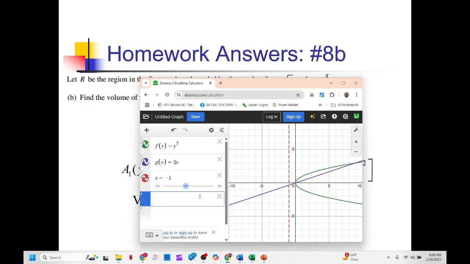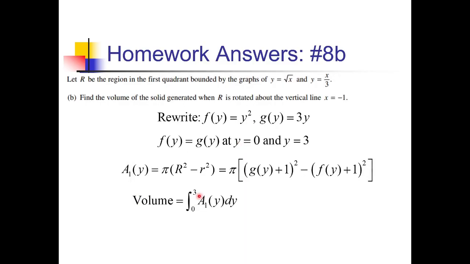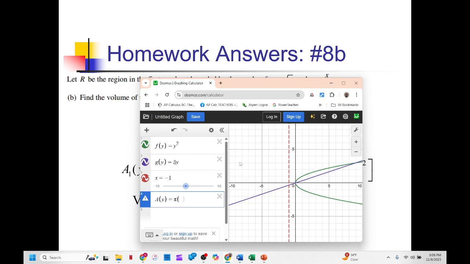So let me go back here, and we have A of y equals pi, parentheses, and in there, let me just do a couple squared parentheses. So here's one squared parentheses, and I'm going to subtract another squared parentheses and close it all. This is the overall structure of this thing because we've got a lot going on.